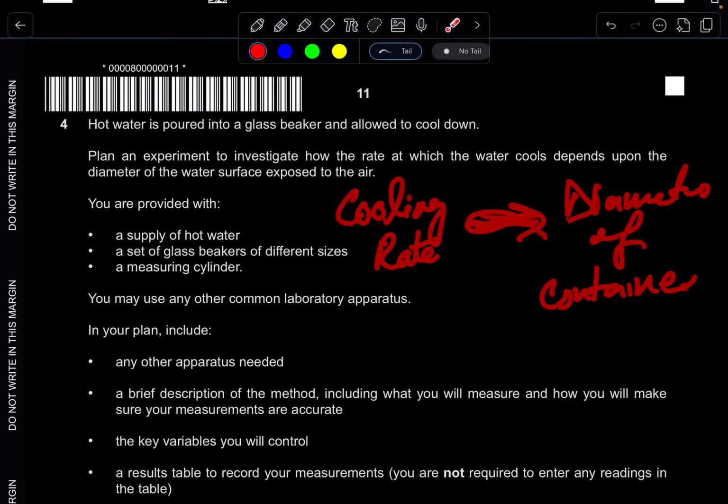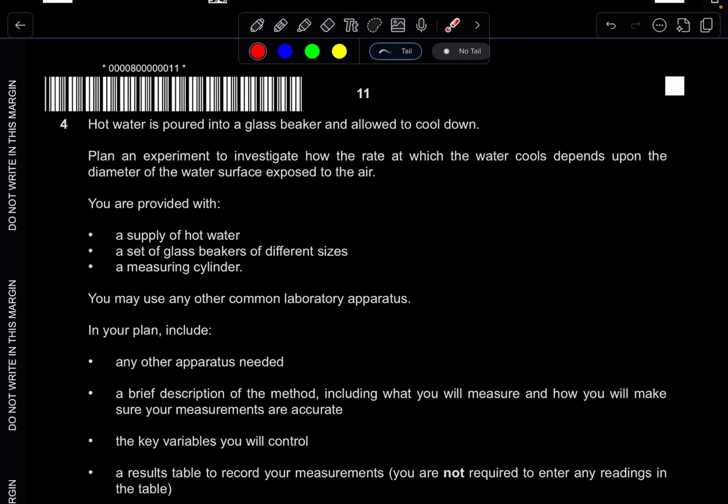So you can say the surface area. Basically this question depends on the phenomenon of evaporation. We generally know that when you increase the surface area, the evaporation will increase, and evaporation is basically a cooling process, right? So the rate of cooling depends on the evaporation, which depends on the surface area.